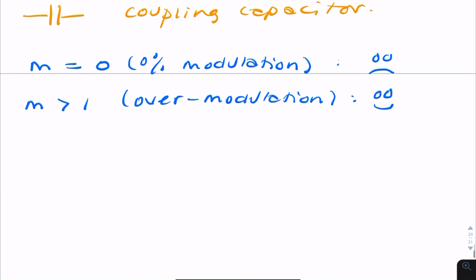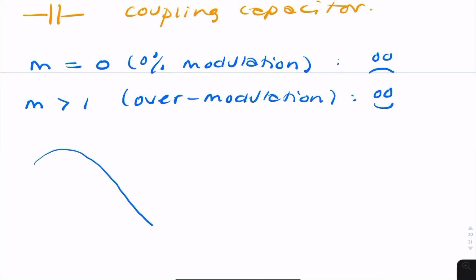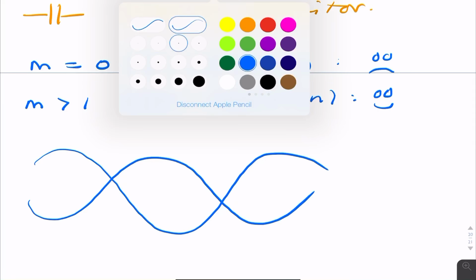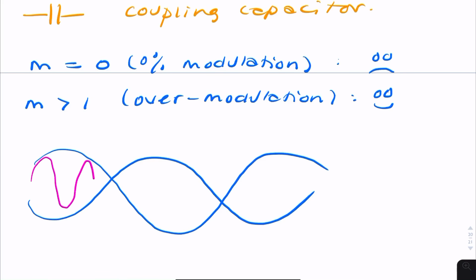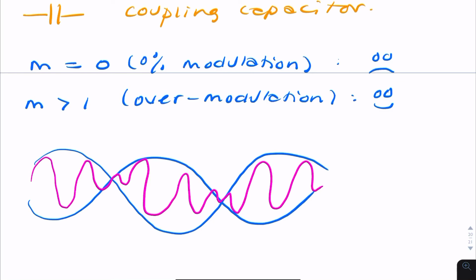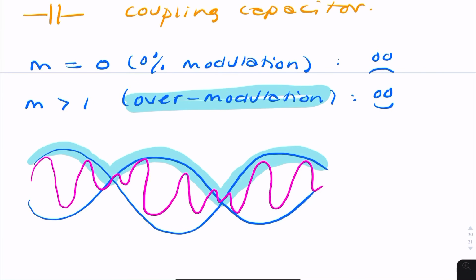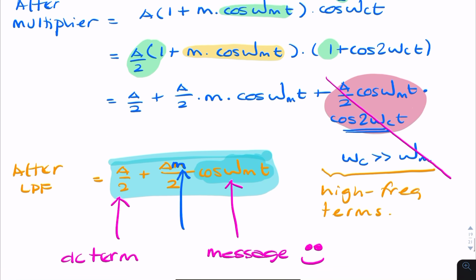So even though with overmodulation your message envelope is lost, we can't use an envelope detector, we can still recover the original message using a synchronous detector. So overmodulation is not the end of the world if you're using a synchronous detector.